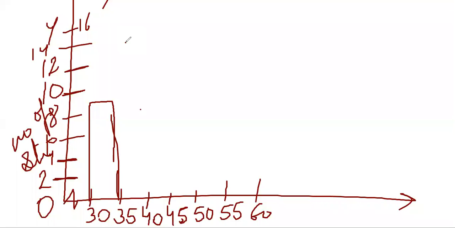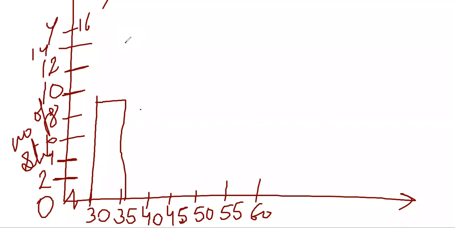Then next it's 35 to 40. Now these will come in continuity. See, these will come in continuity. Firstly it's 9, so it is between 8 and 10. Then 35 to 40 it's 6, and this is the 6 like this.